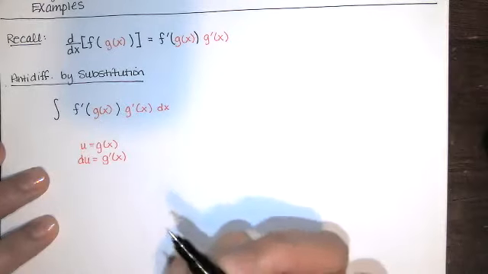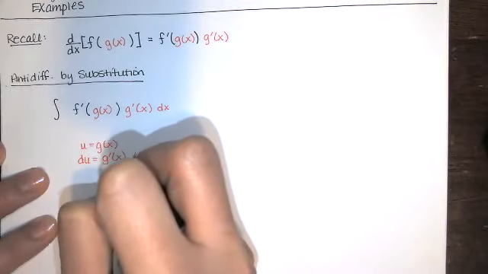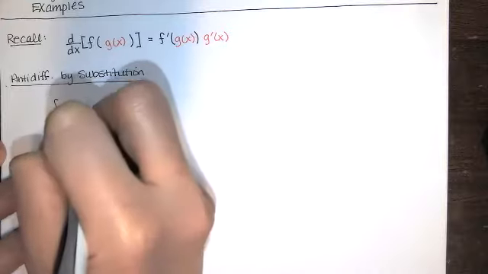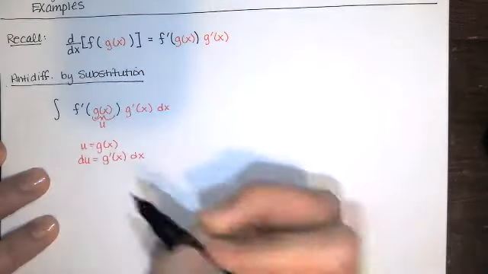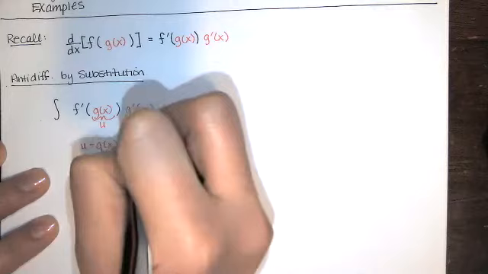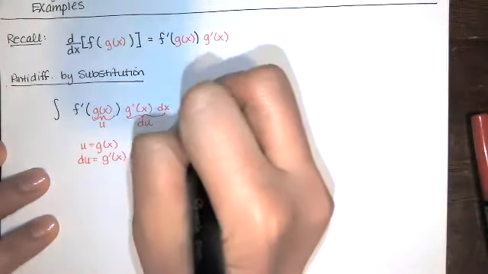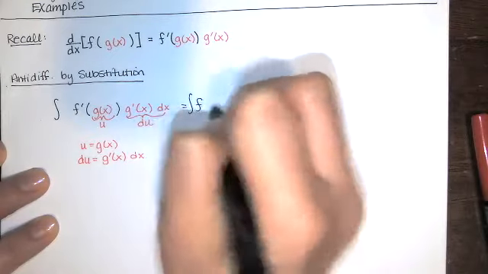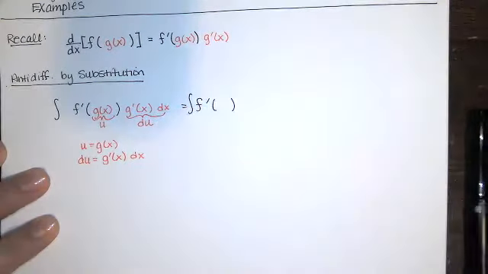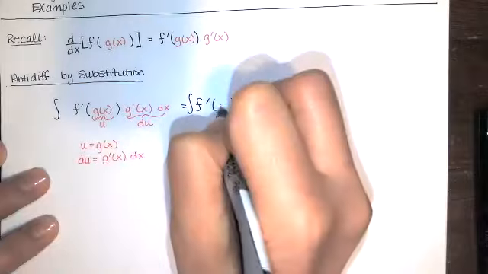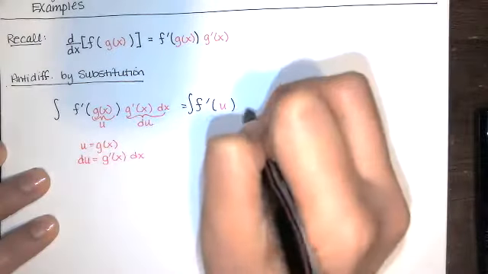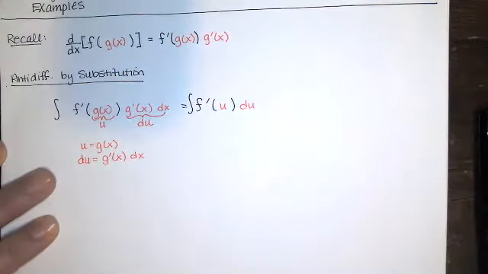So the differential of u is g prime of x dx. So this becomes, if I write it in terms of u, the integral of f prime of u times du. I replace g of x with u, and g prime of x dx gets replaced by du.